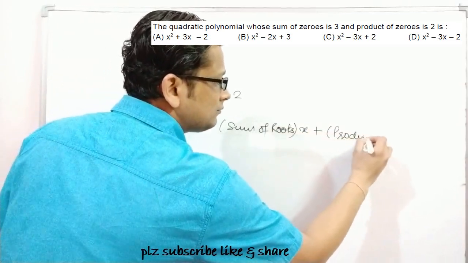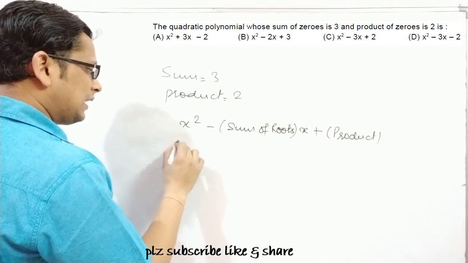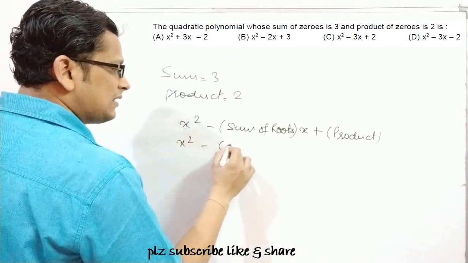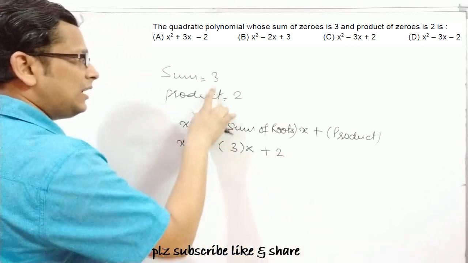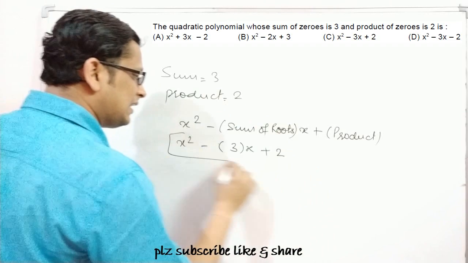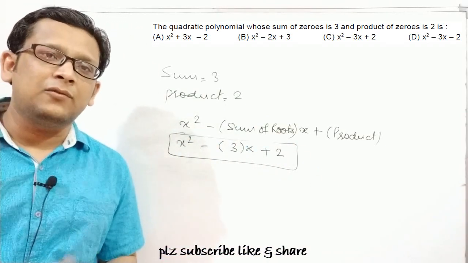So x square minus 3 into x plus 2. Sum is 3 and product is 2, so x square minus 3x plus 2 is the correct answer for the given question.